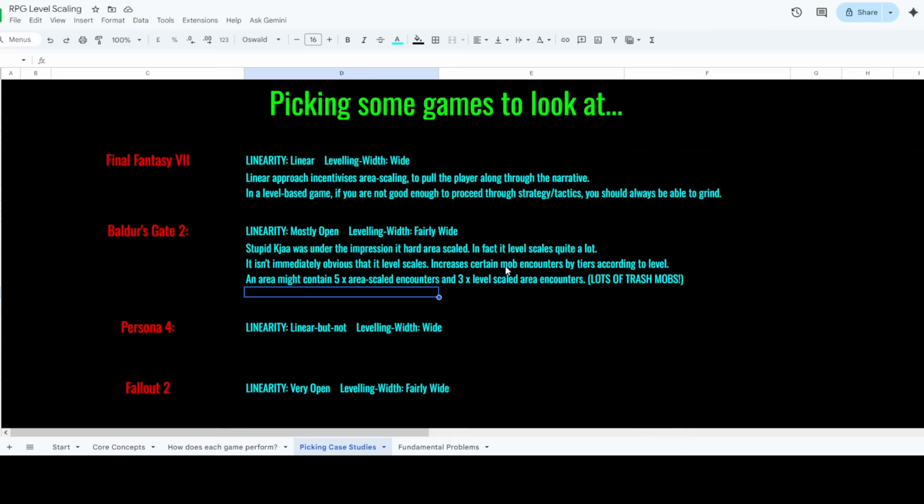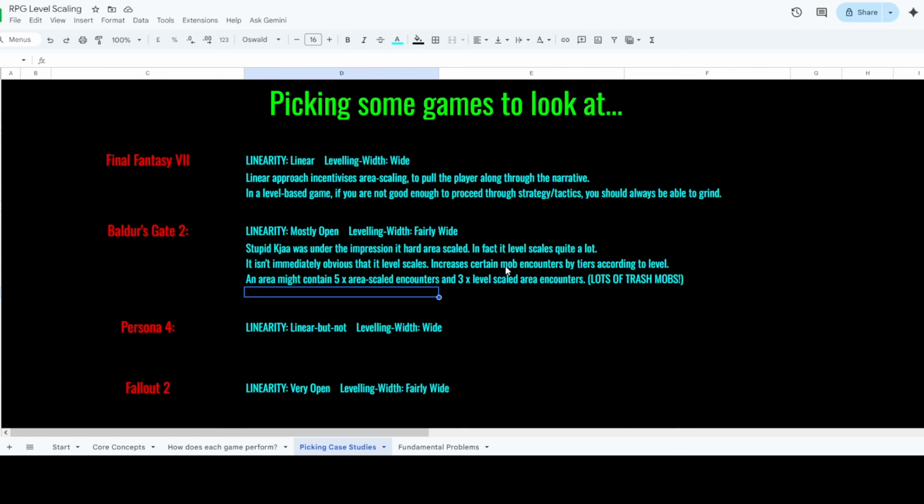In terms of Baldur's Gate 2, what you want with these encounters is to be able to show how powerful you are. And a really easy way to do that is to include lots of trash mobs, lots of weaker fights.